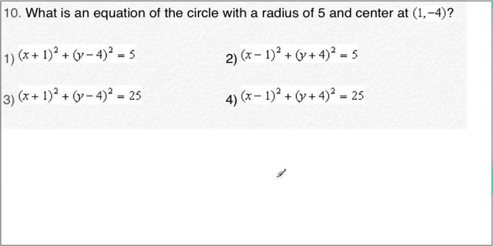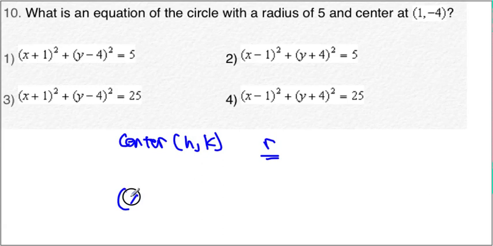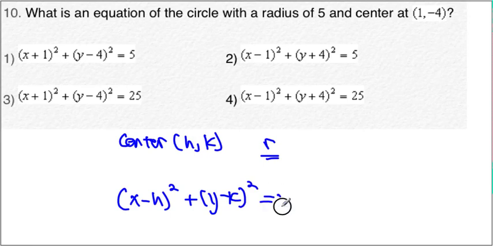Now, what is the equation of the circle? To answer this question, we have to realize the center. Let us say center is h comma k, and then the radius is r. Then what is the equation of the circle? It's x minus h squared plus y minus k squared is equal to r squared.